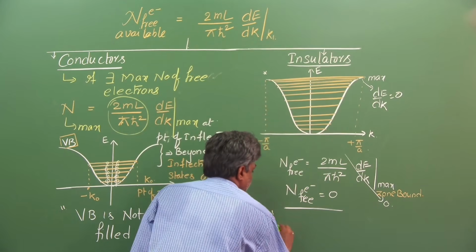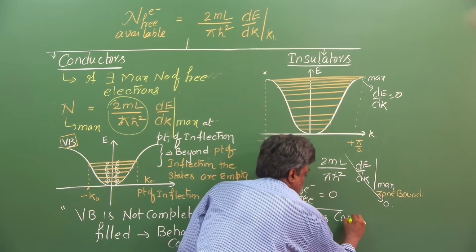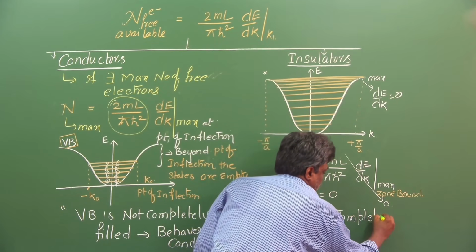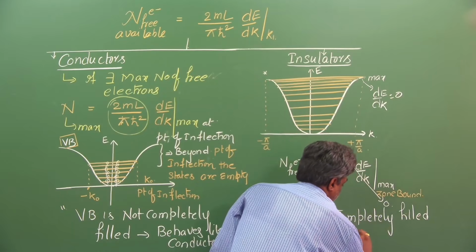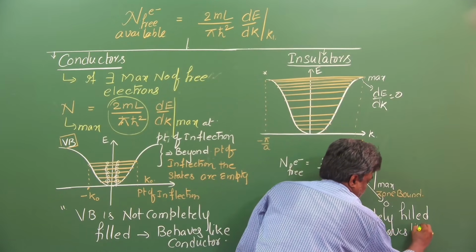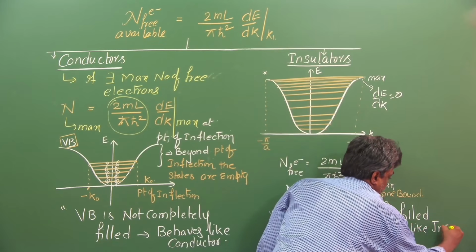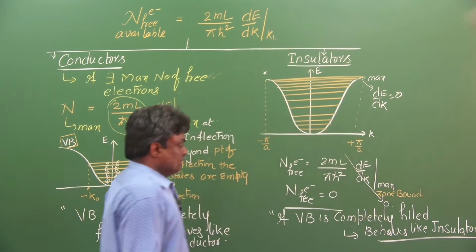So if the valence band is completely filled, that behaves like an insulator. That's it.